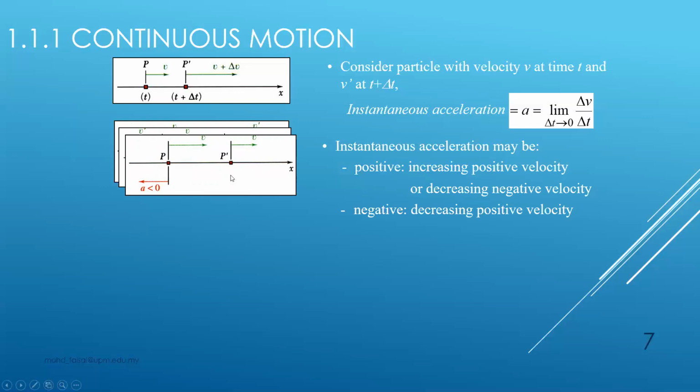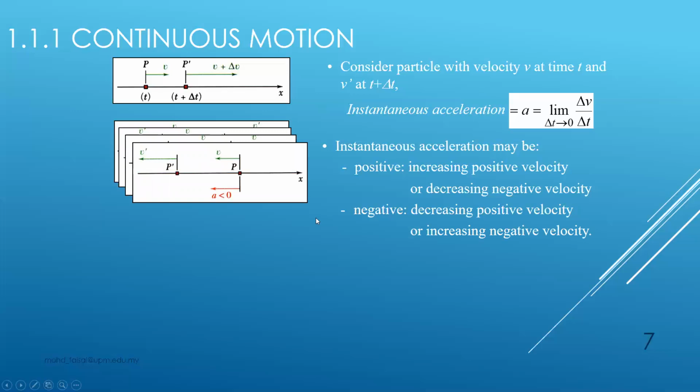And the same here. Just now we were talking about the positive velocity increasing, but now we are looking at the positive velocity decreasing. The acceleration becomes negative because at point P, let's say it is 10, but at P prime it becomes 8. If you do the math, V prime minus V divided by delta T, you get a negative value.